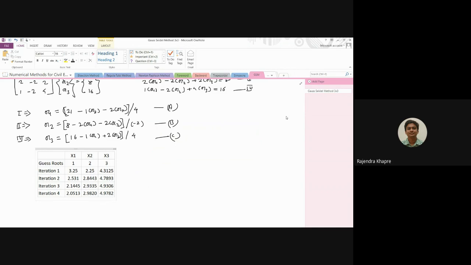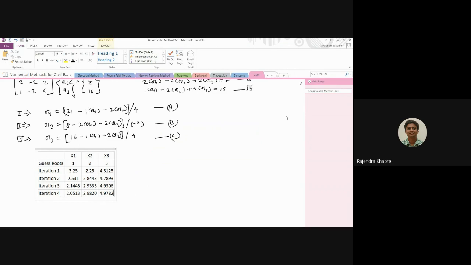You can see the values of x2 and x3 are almost the same as far as one digit after the decimal is concerned. So it is 4.9, 4.9. This is 2.9, 2.9. Here it is 2.1 and it is 2.05. So now your picture is getting clear where the solution will be. But for this, it took almost 4 iterations.